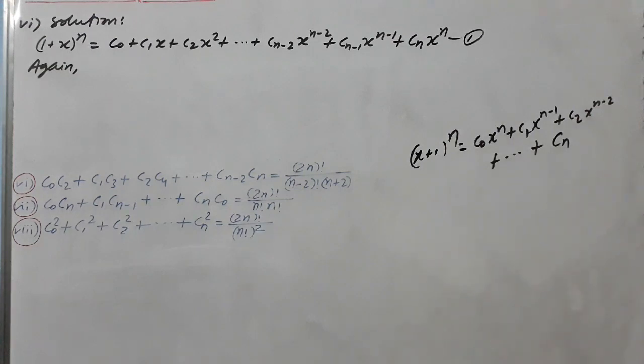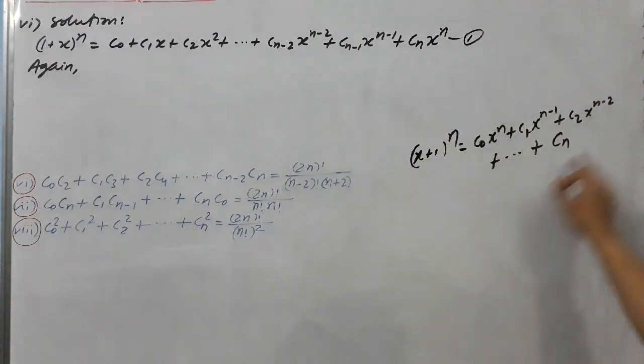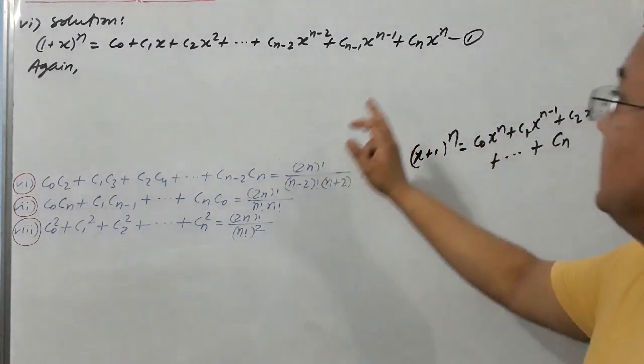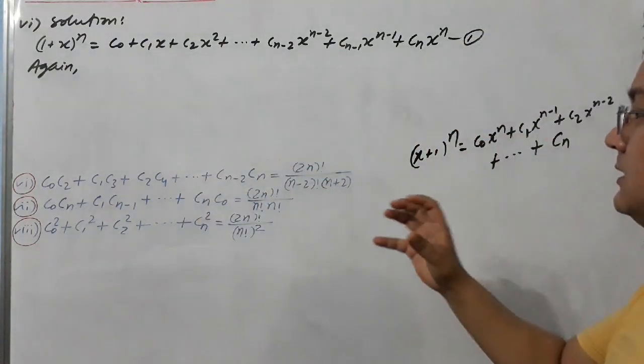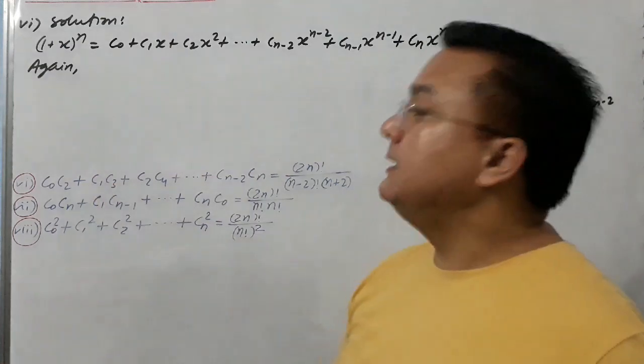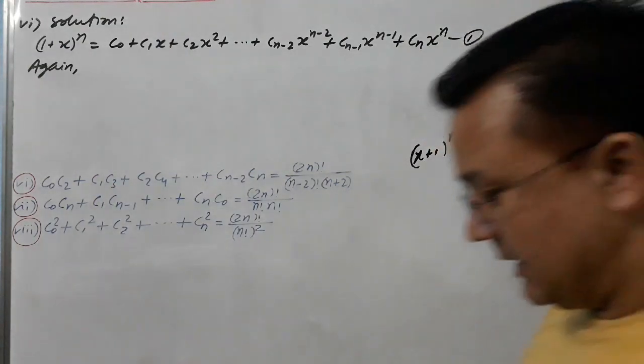Either you have to multiply first by this binomial expansion, or you have to multiply by itself. So it depends on the equation. Let's see whether we have to multiply by itself or by this.